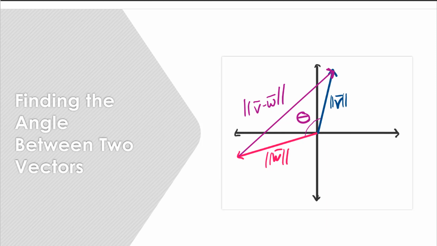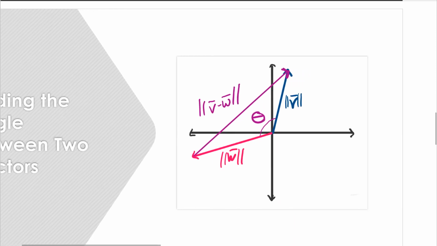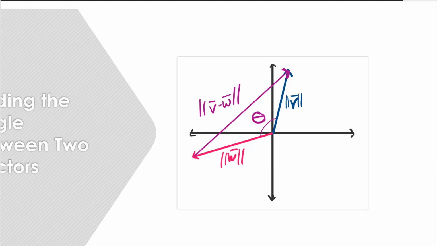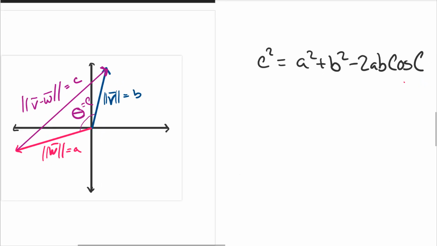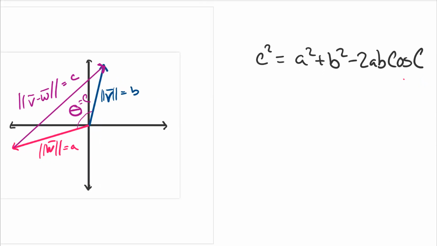Of course, you remember the law of cosines. We just did this. Here comes our derivation. Let's call this one A. We can call this one B. We can call our vector V minus vector W magnitude C, and the angle in between, the big C. So when we look at our law of cosines, C squared is equal to A squared plus B squared minus 2AB cosine of C. When the side is opposite the angle, you always go with that.